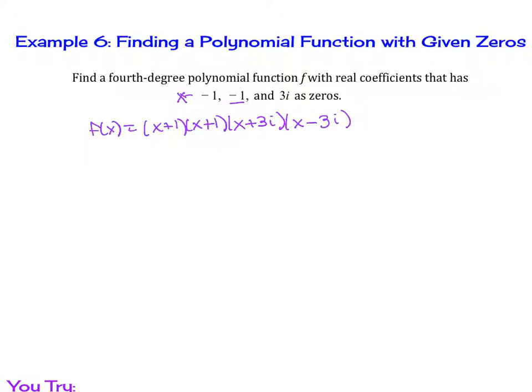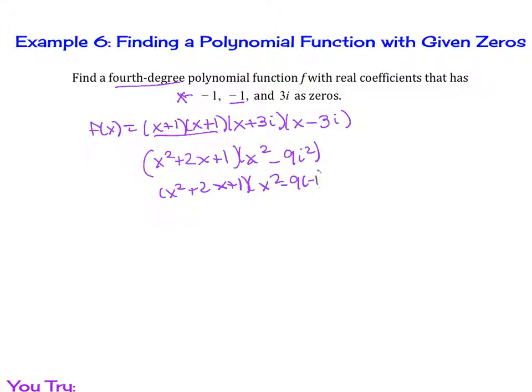So now what we need to do is to multiply it all the way through in order to get that fourth degree polynomial. So I do this one first, x squared plus 2x plus 1, and this is x squared minus 9i squared. So x squared plus 2x plus 1, and this becomes x squared minus 9 times -1. So this will end up being x squared plus 2x plus 1 times x squared plus 9, and then we'll distribute.